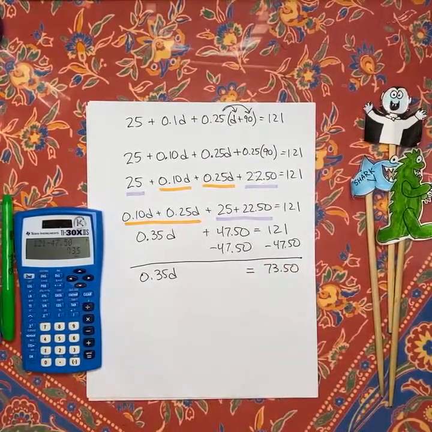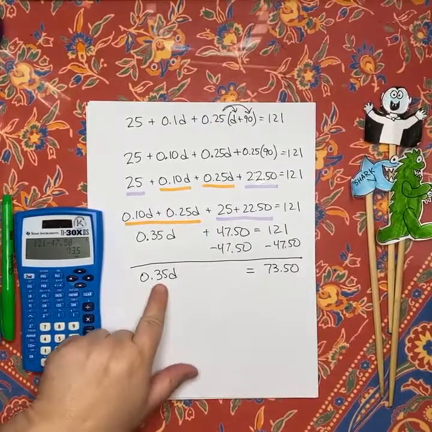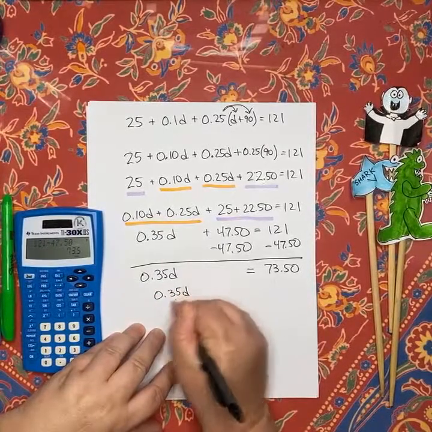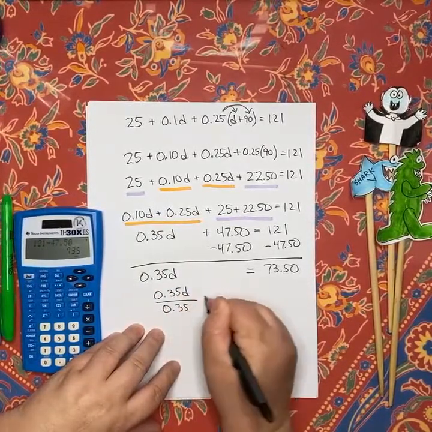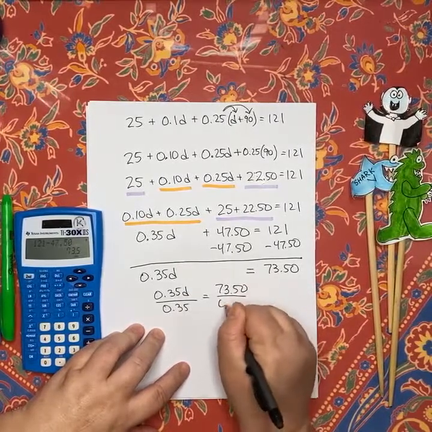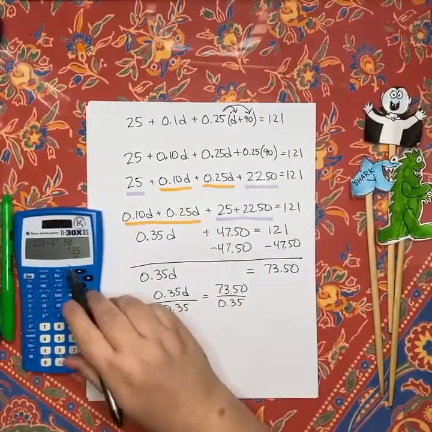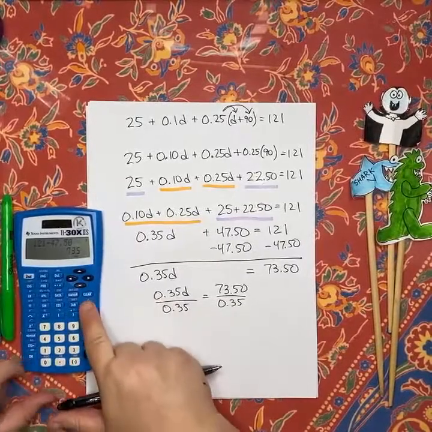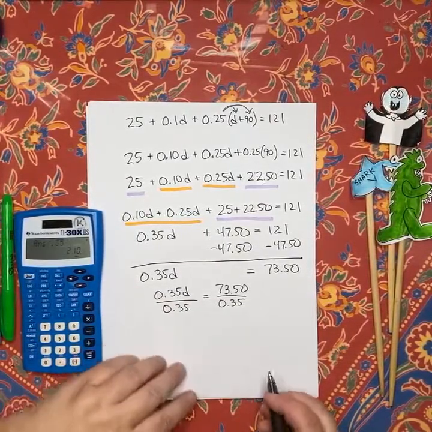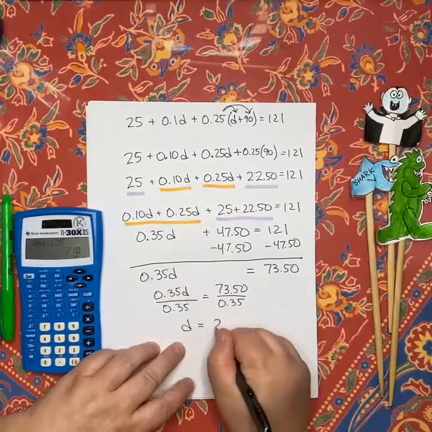And then what do I do to both sides? I divide by the 0.35, which happens to already be on my calculator. So I just divide by 0.35 and I get 210.